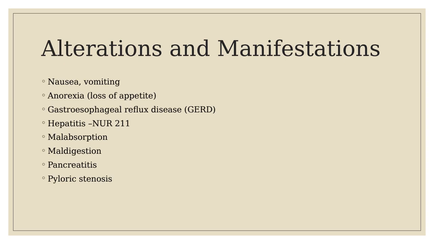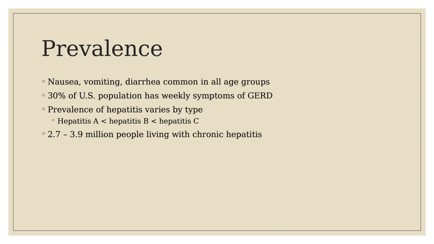So everything we put in our body by mouth, by IV, any orifice is absorbed and metabolized through the liver. Malabsorption, maldigestion, we talk about those in a couple of weeks, as well as pancreatitis, cholecystitis, and as I mentioned, pyloric stenosis.